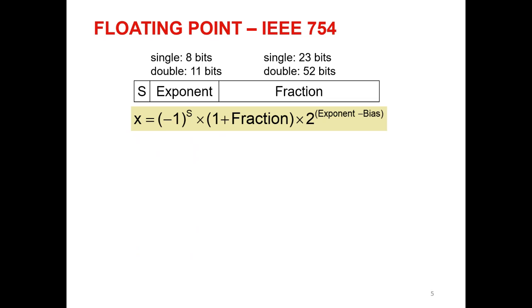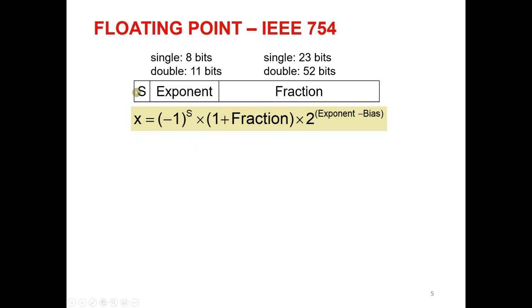With this standard, the IEEE 754, we have two options, the single precision and the double precision, and it's used to represent floating point real numbers in binary. What we have here is how the bits are allocated using this standard.